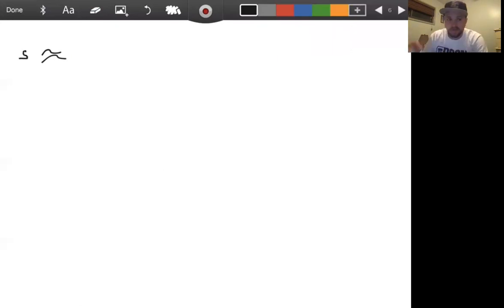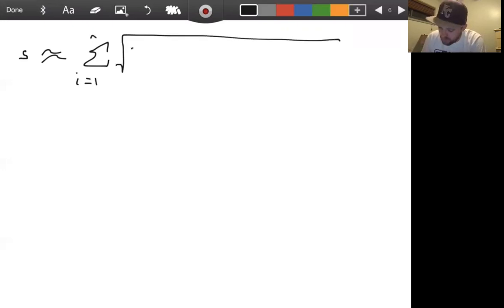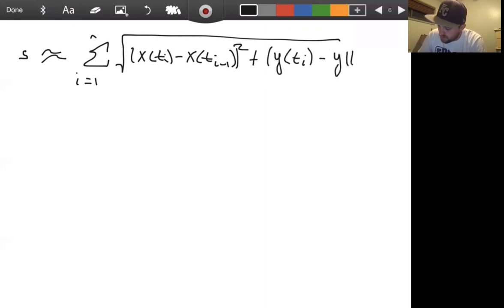There we go. So arc length is approximately the sum from i equals 1 to n of our line segments, which was the square root of x of t_i minus x of t_{i-1} quantity squared plus y of t_i minus y of t_{i-1} quantity squared, close off the square root, right?